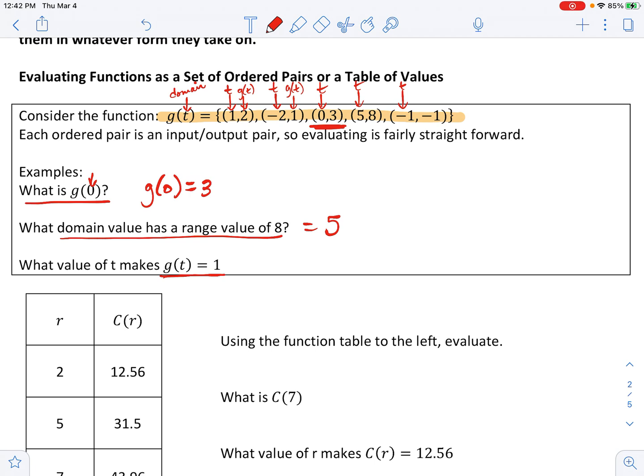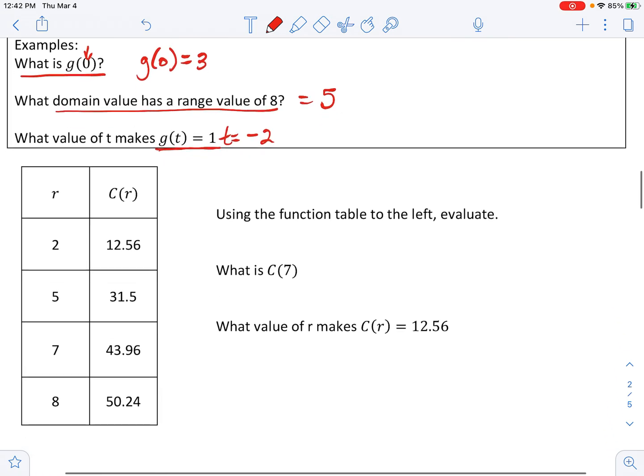All right, is that 1 an input or an output? It's an output, okay? So we're looking for an input value that makes an output value of 1. That would be this one right here. So the input value of -2 gives an output value of 1. So t is equal to -2.